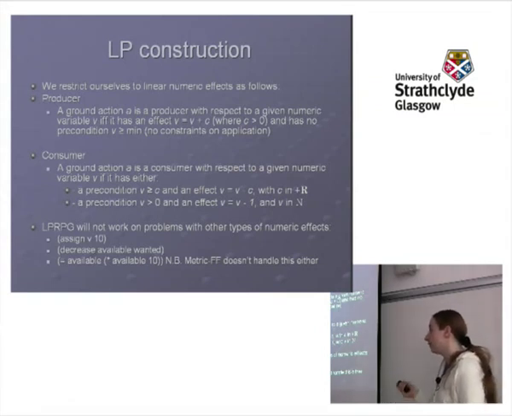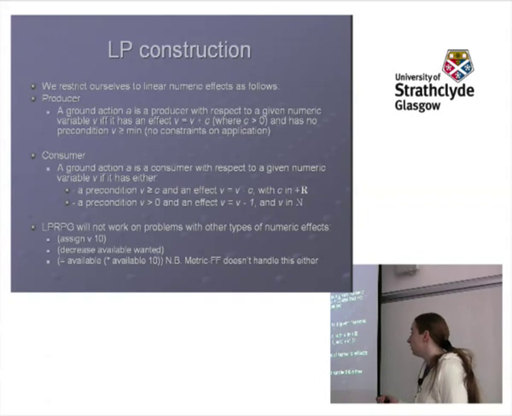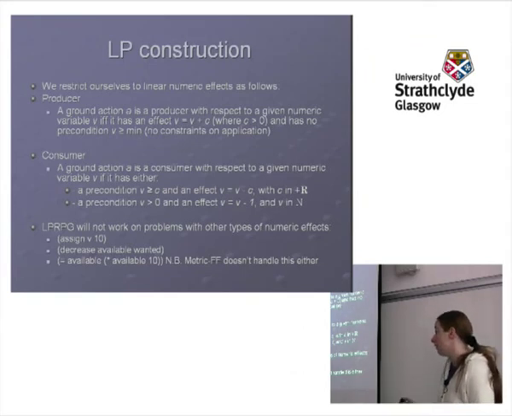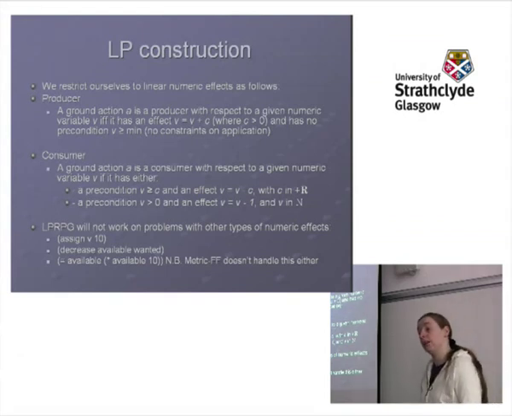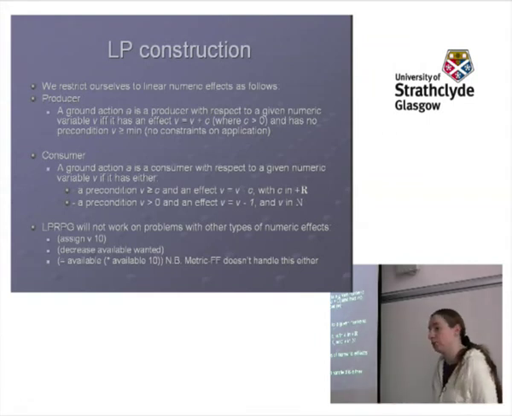A consumer is a similar thing, but obviously it uses up some resource. So a consumer is a variable if it has a precondition v >= c, and an effect v = v - c. So it decreases v, but there is some safety constraint that v can't go below a certain value. Or it has a precondition v >= 0, and an effect v = v - 1.